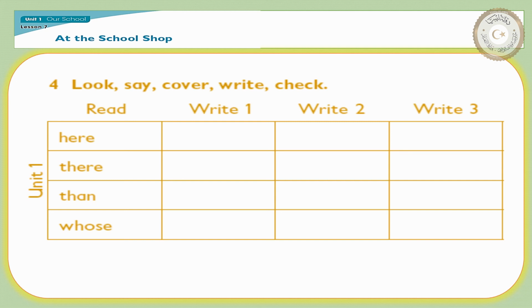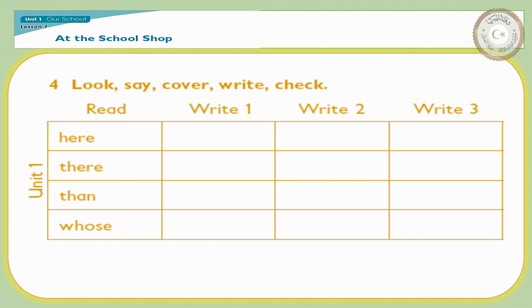There. T-H-E-R-E. Excellent. Do you still remember than, longer than, smaller than? How do you spell it? Who can tell me? T-H-A-N. Okay, show me the letters. Raise your notebook. Yes, it's than.